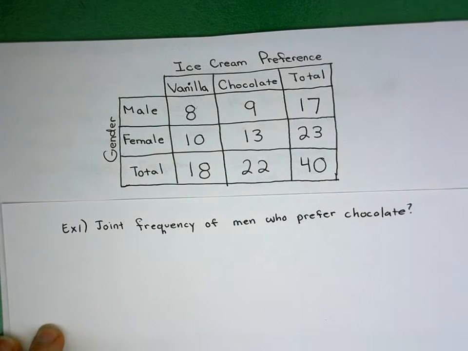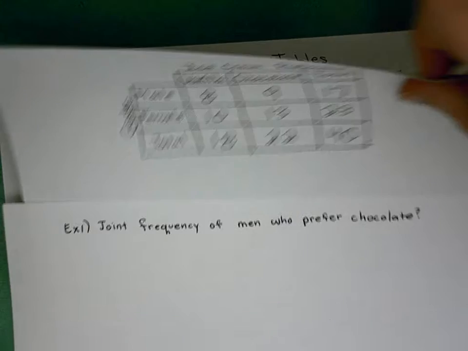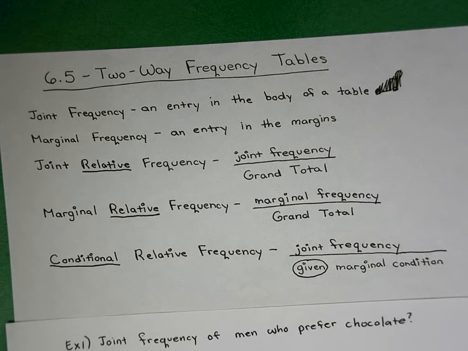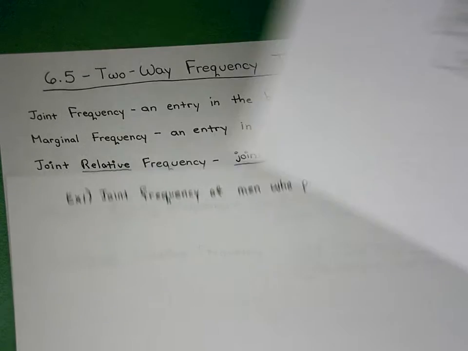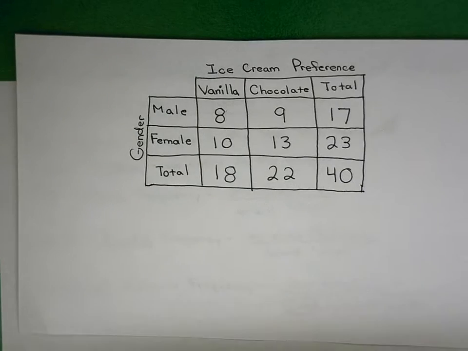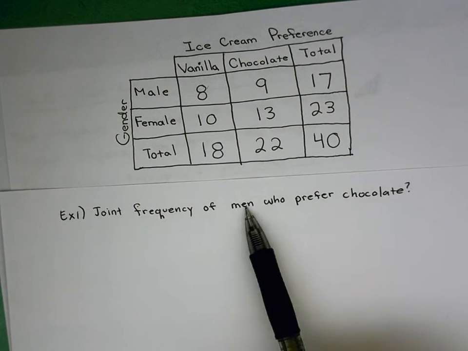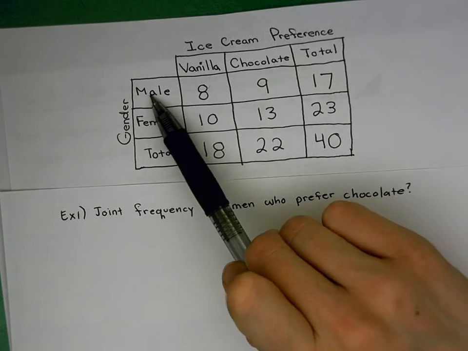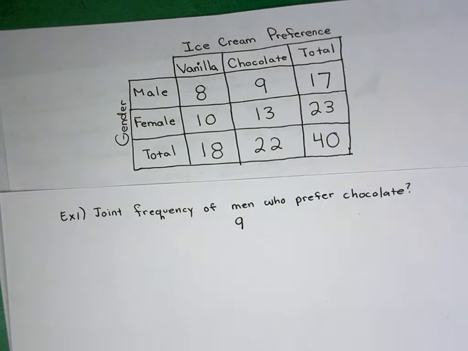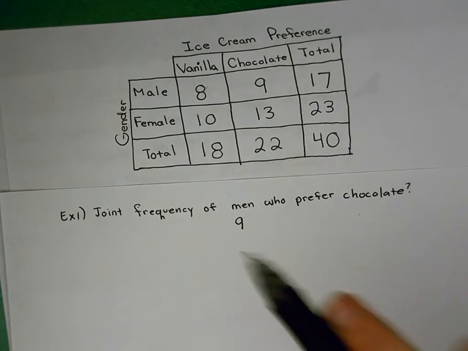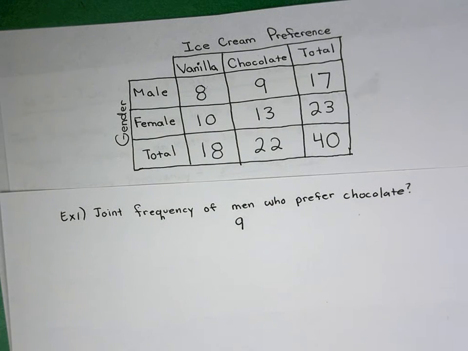Looking at our definitions, joint frequency is an entry in the body of a table. There's no relative, so we aren't doing any sort of division. We're just finding the actual joint, between men and chocolate. Here's men, here's chocolate. Joint is 9. And so that's my joint frequency. If it was joint frequency of women and vanilla, you'd find women, vanilla, joint frequency would be 10.